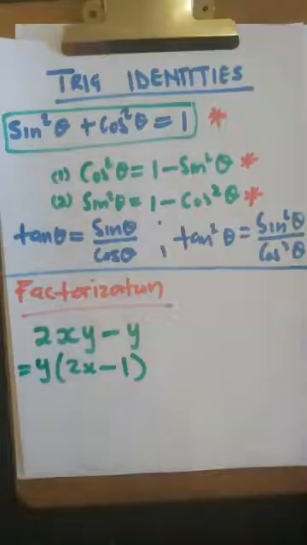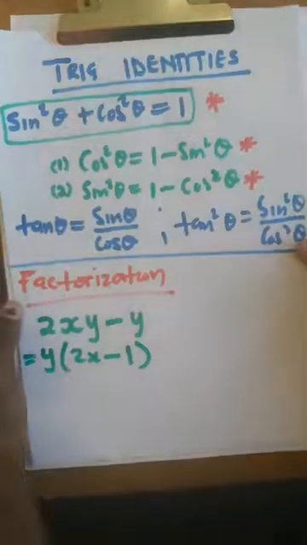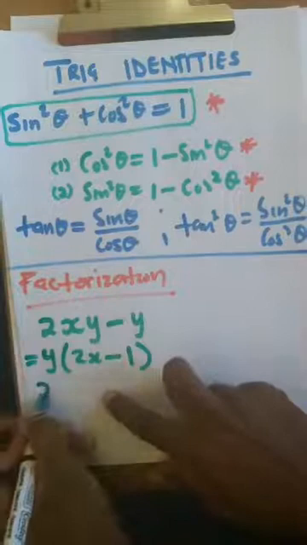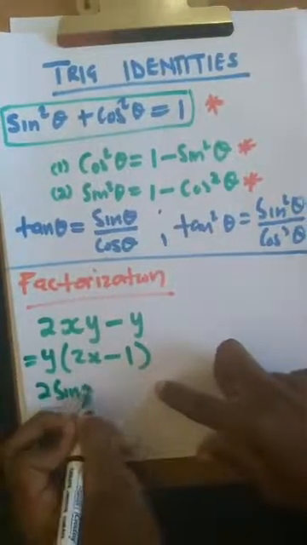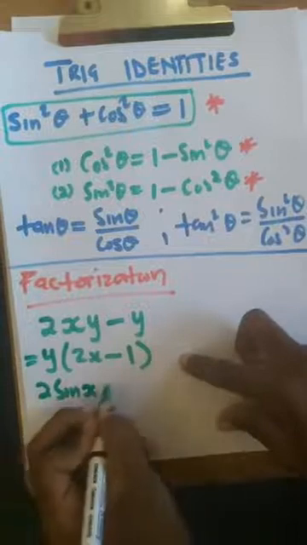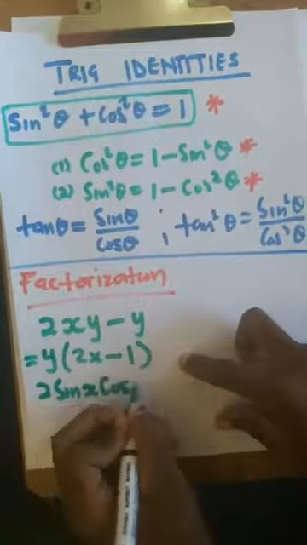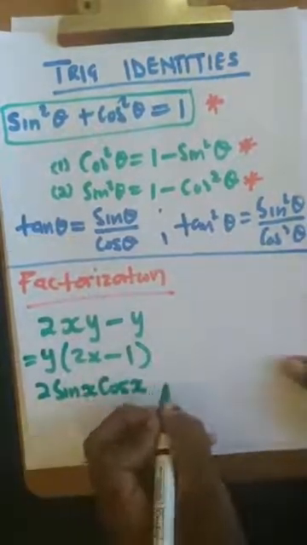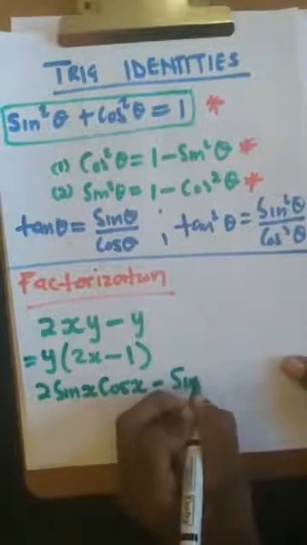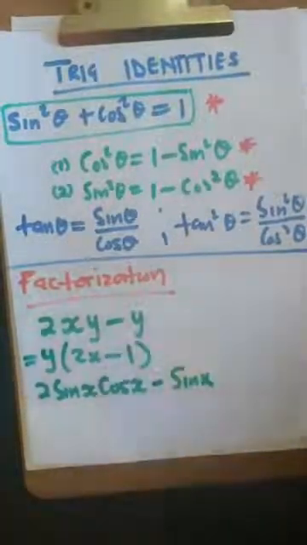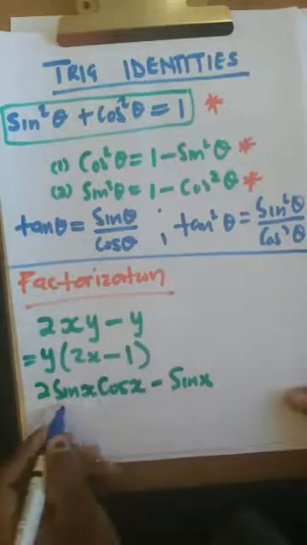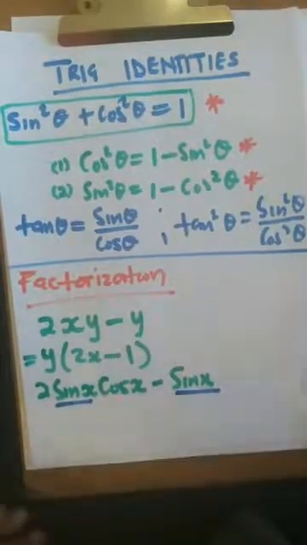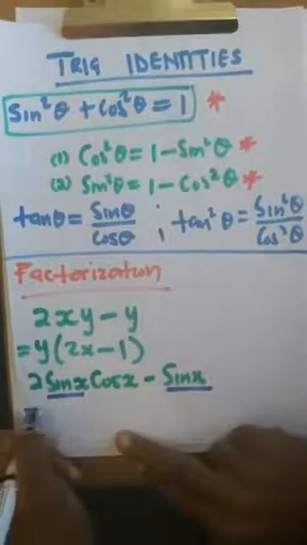Now in trigonometry, I can have, for example, 2 sine x cos x minus sine x. We have sine x as our common factor, so we take out sine x as the common factor.